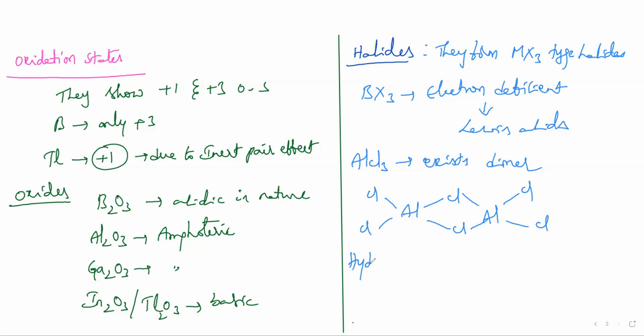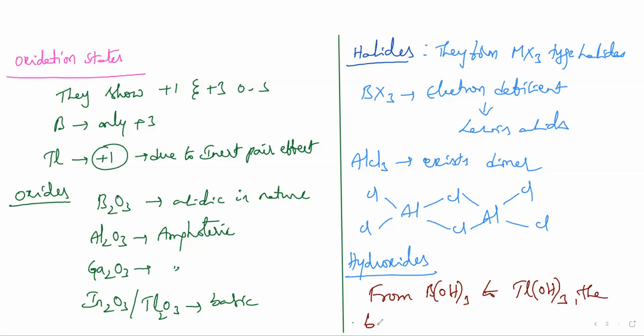Next, hydroxides. What about hydroxides? From boron hydroxide to thallium hydroxide, the basic nature increases, because we know already the generalization.